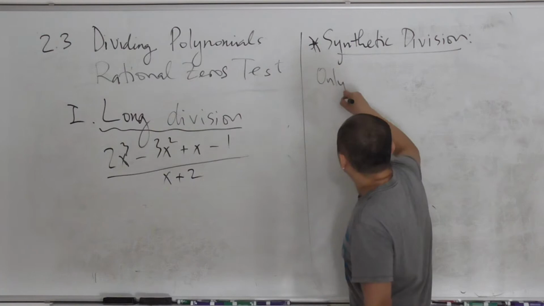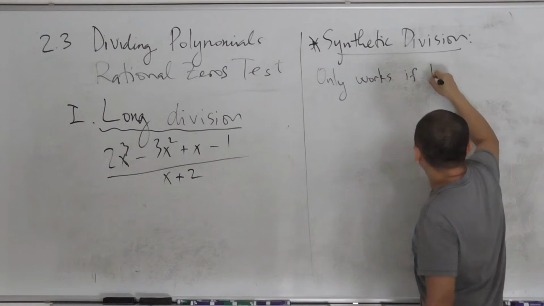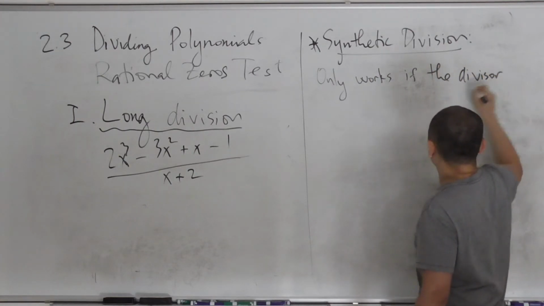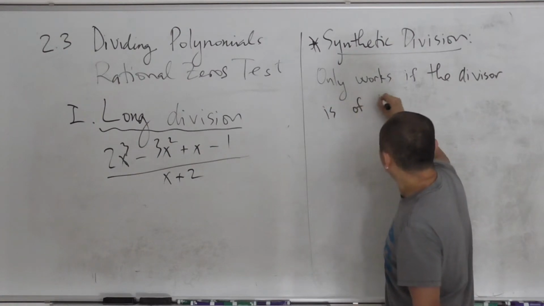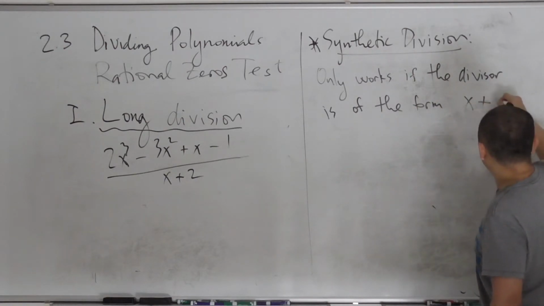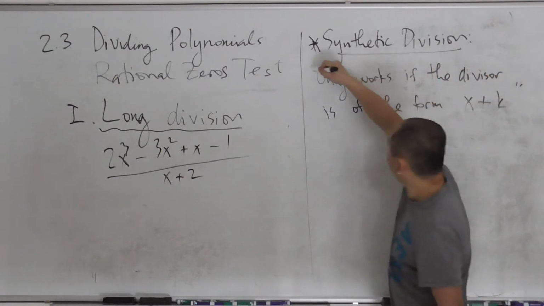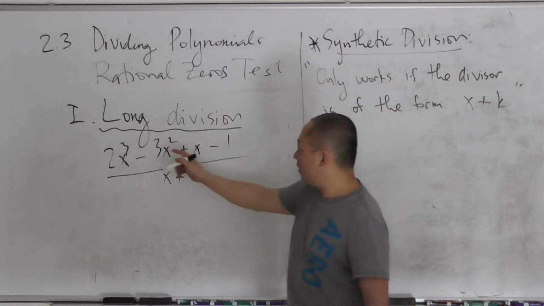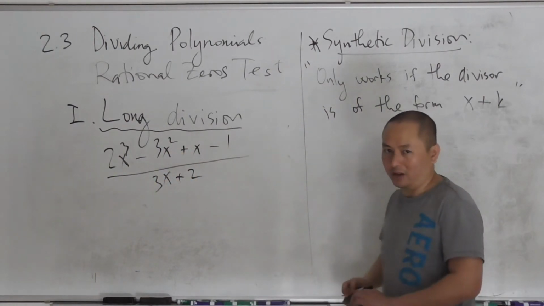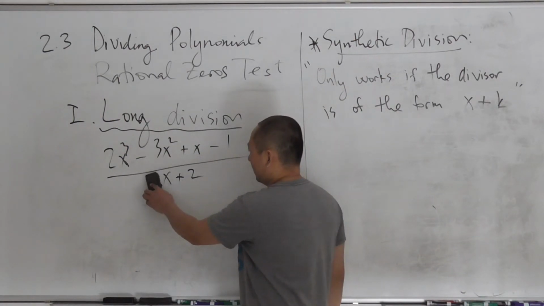So, say if you have a polynomial divided by, say, 3x plus 2, I claim that you cannot use synthetic division. Actually, you can modify it to use synthetic division, but it is much harder than using long division, so we don't encourage you guys to do that.